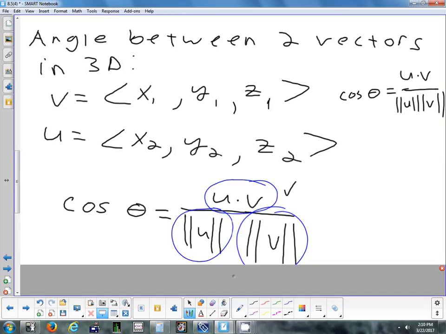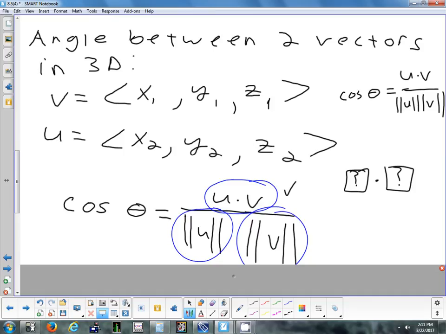So whenever you do a dot product, what has to go in box 1 and what has to go in box 2? What kind of things? Vectors.